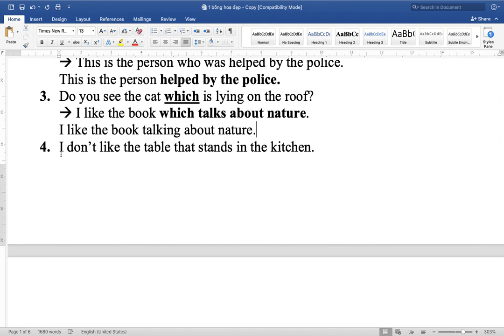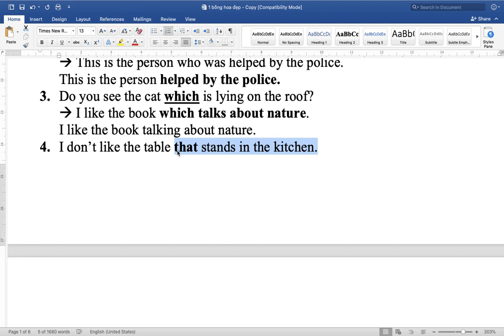So the next sentence, I don't like the table that. We can use that to represent a thing or a person, and of course it is used for defining relative clauses, not a non-defining one.